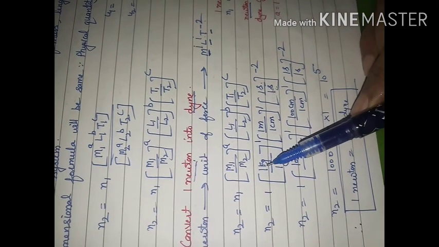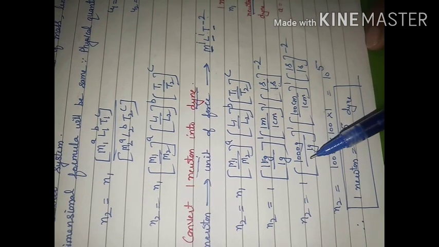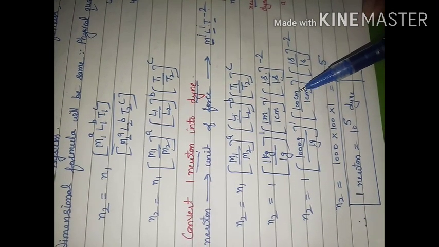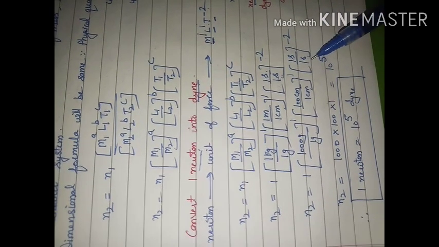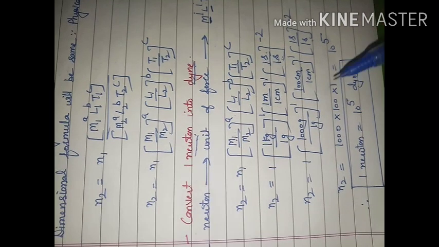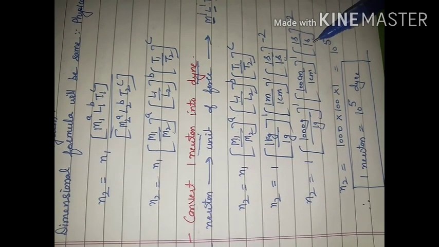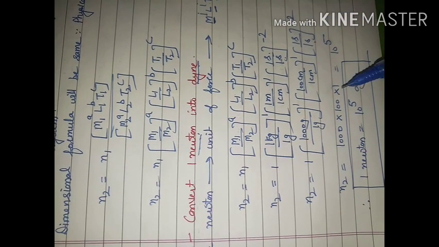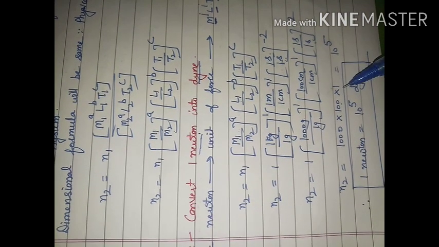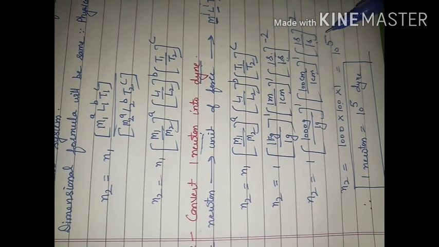Now we will consider 1 kilogram to be written as 1000 gram, 1 meter as 100 centimeter, 1 second will remain as 1 second, and when we will solve it, gram will get cancelled with gram, centimeter with centimeter, second with second. So we are left with 1000 multiplied by 100 multiplied by 1. So we are going to have 10 raised to power 5.